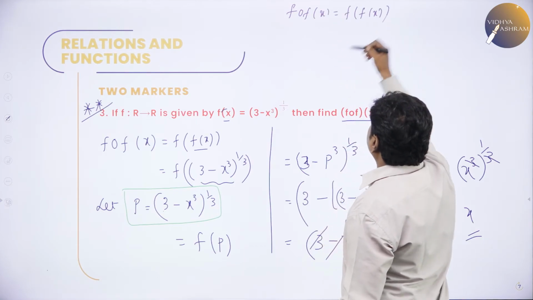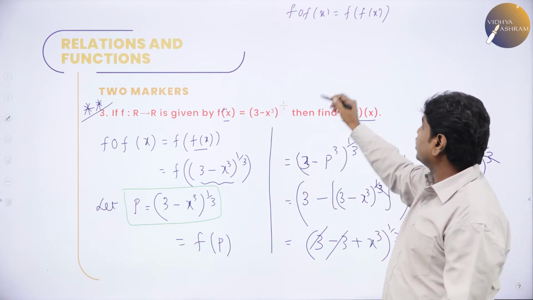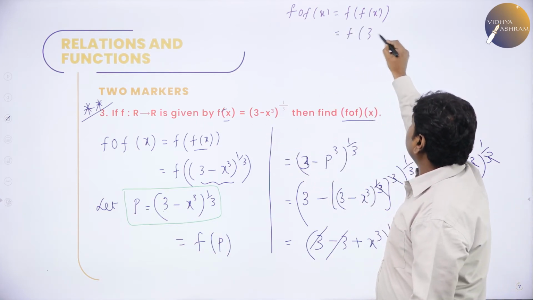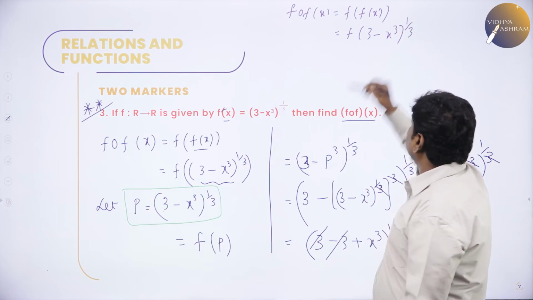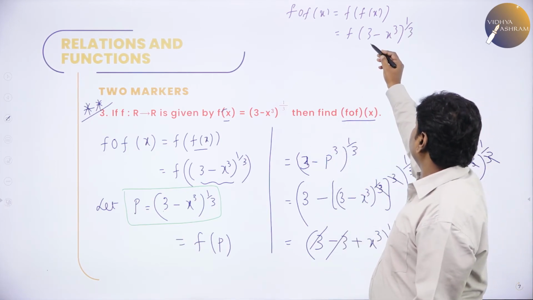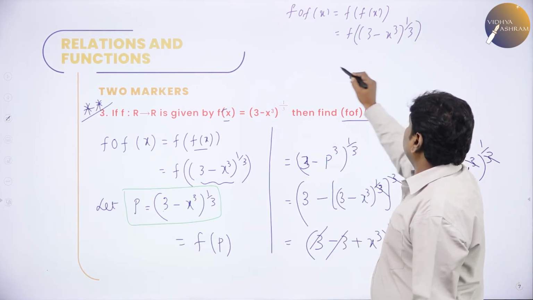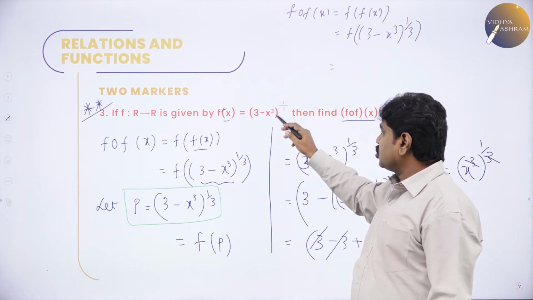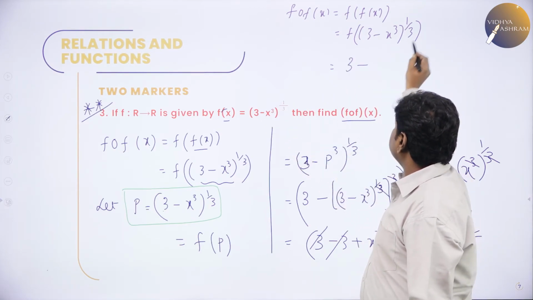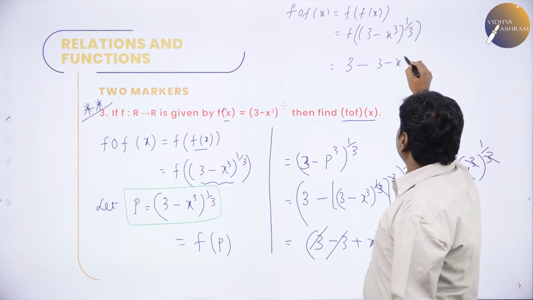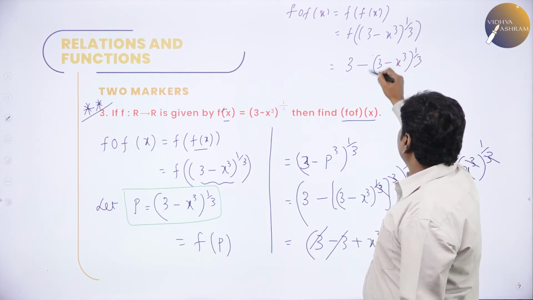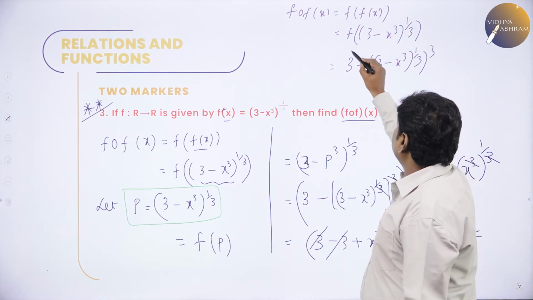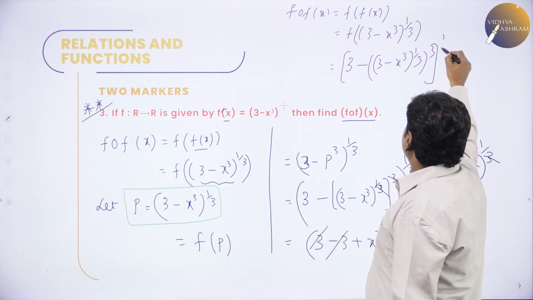What is f of x given? f of x is given as (3 minus x power 3) power 1 by 3. So, f of (3 minus x cube) power 1 by 3. Further, in the place of x we have this whole thing. So, 3 minus this whole thing cube, ((3 minus x cube) power 1 by 3) whole cube, power 1 by 3.